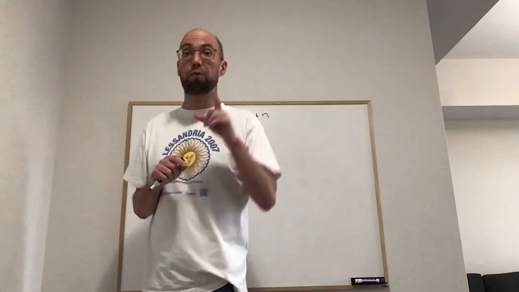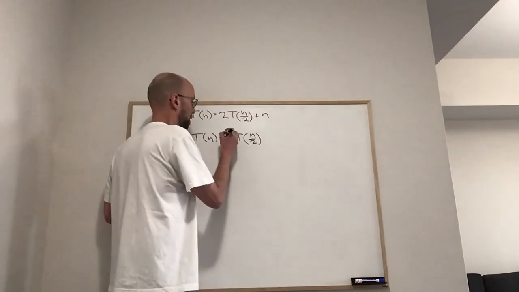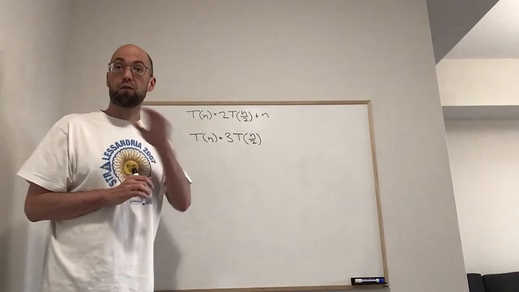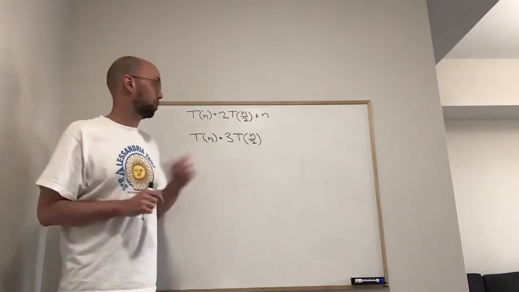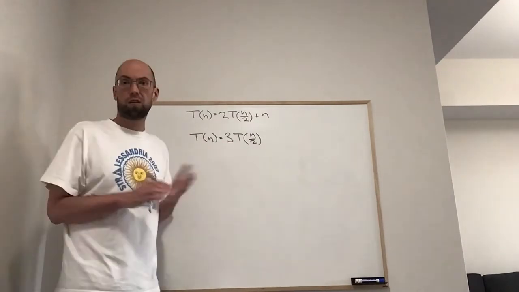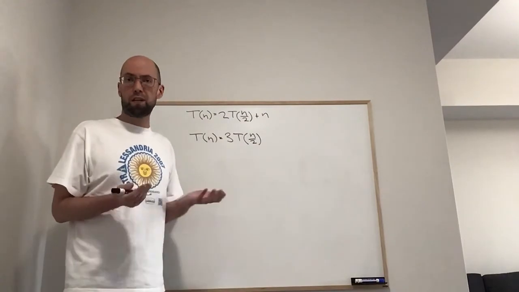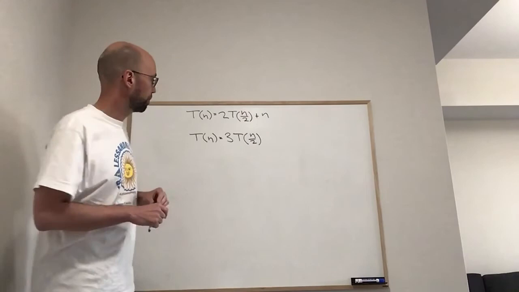Right, so that's actually 3 multiplications of n over 2 digit numbers. Okay, so these two numbers aren't always the same. If they are, good. If they're not, live with it.